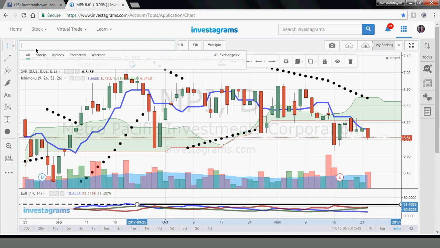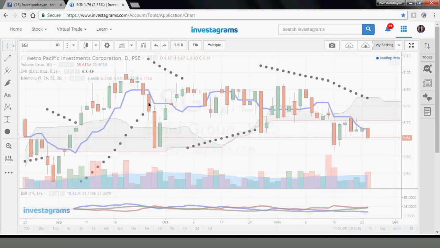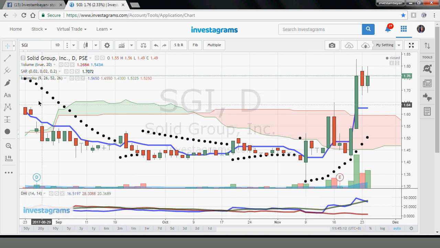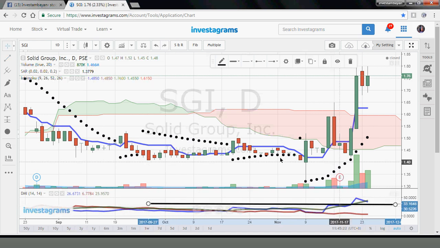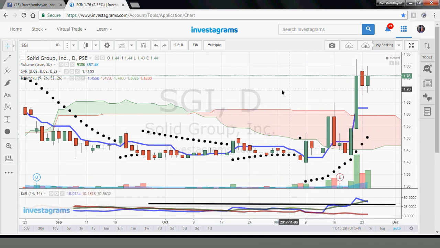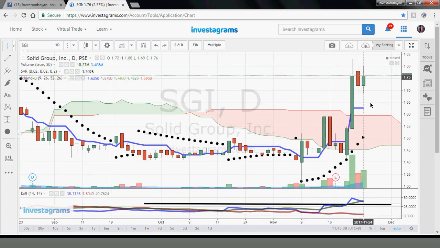SGI, check natin. SGI is uptrend. Pero for me, not a good buy here kasi masyado nang malayo siya.